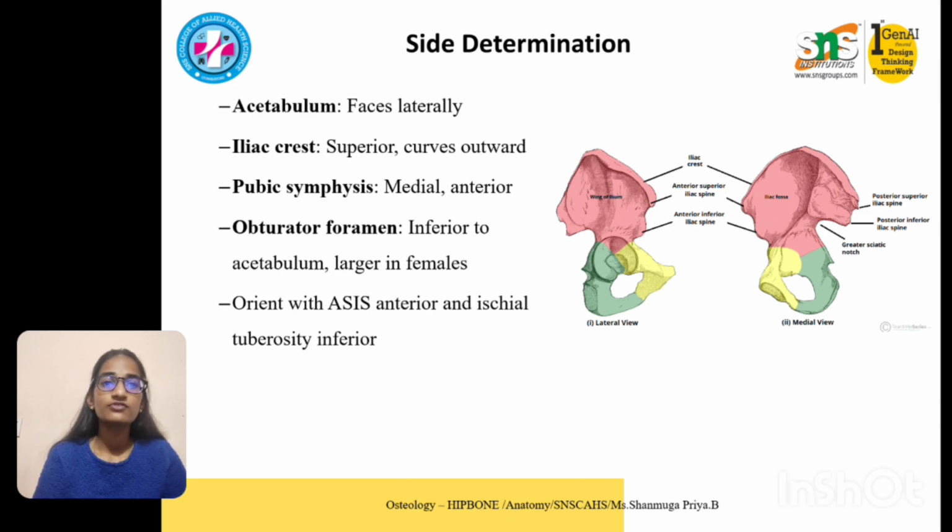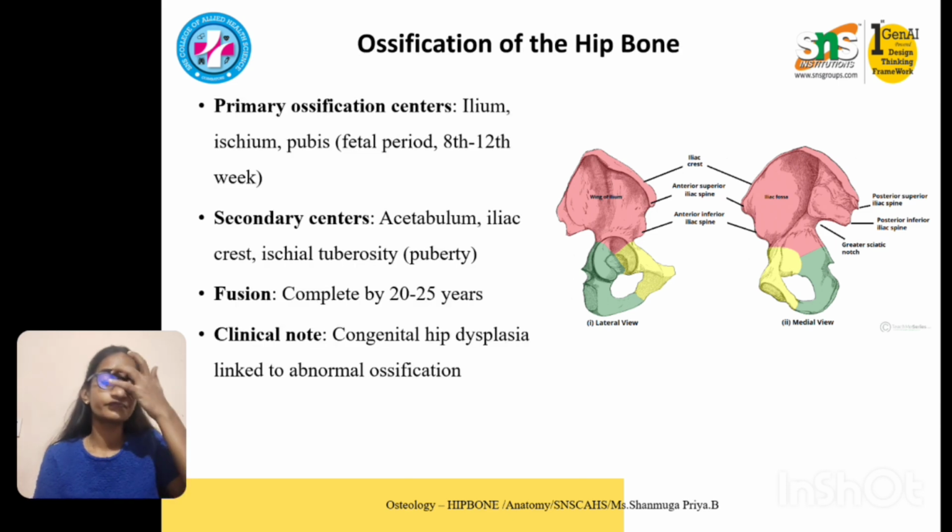Next, we are going to deal with the ossification of the hip bone. Ossification of the hip bone involves primary ossification centers in the ilium, ischium, and pubis, which appear during the fetal period around the 8th to 12th week. The secondary centers develop in the acetabulum, the iliac crest, and also the iliac tuberosity.